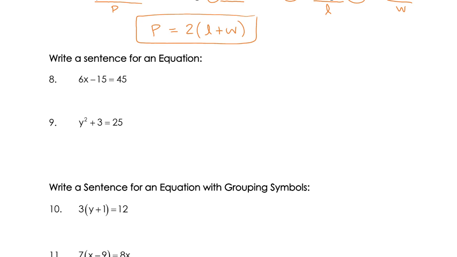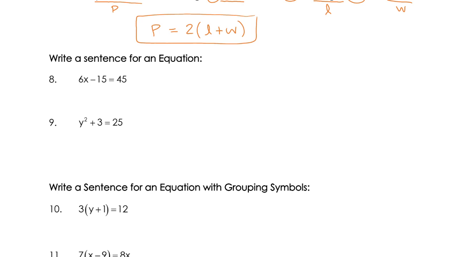Like I said, there are so many different ways that we could write this. So I'm going to go ahead and put one up on the screen, but you could write whatever you wanted as long as it worked. So again, you have to make sure you have 6 times x somehow, whether that's product, multiplied by, whatever it may be. The minus, you need to have something that says minus, so decreased by. You could even use less than here, and actually I'm going to use less than.